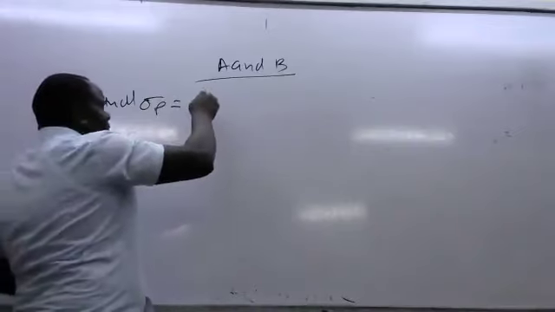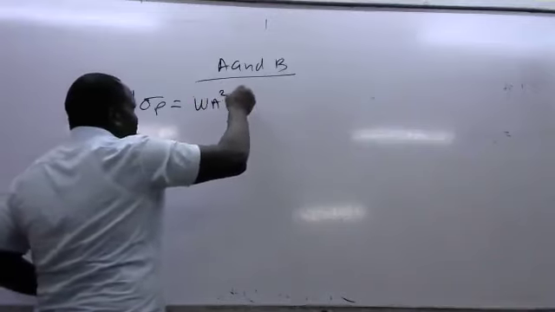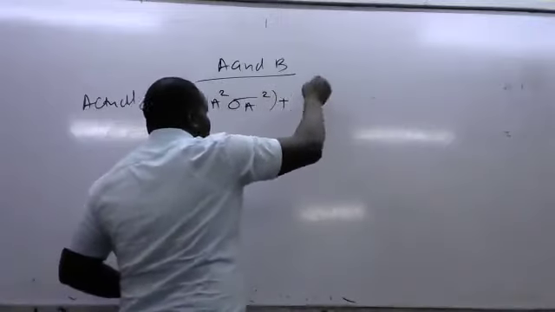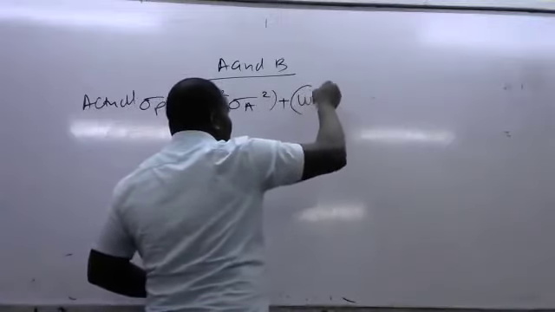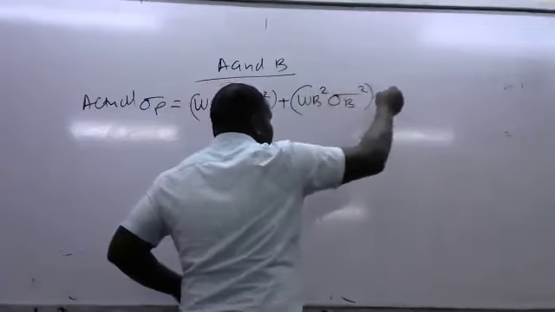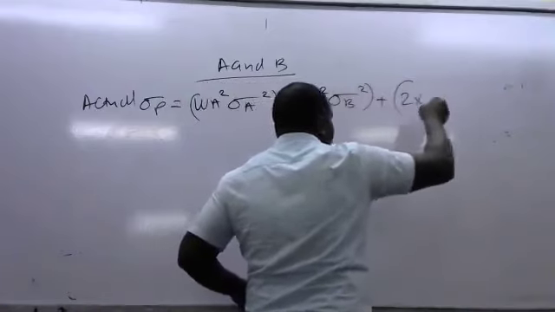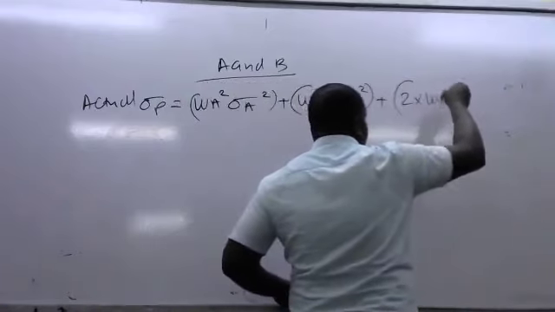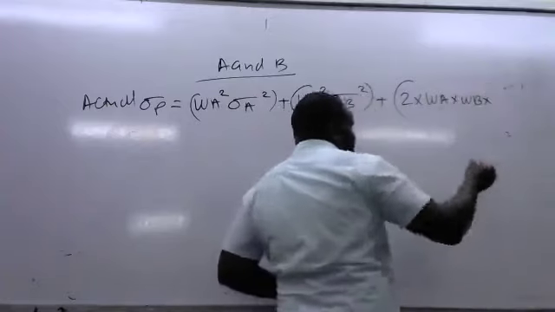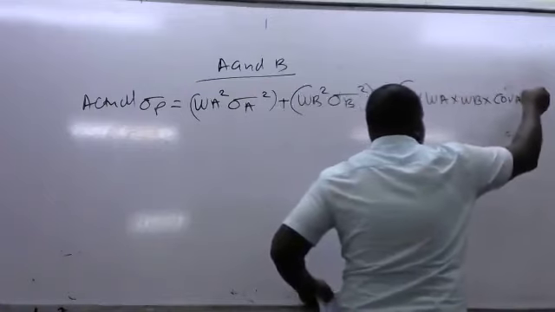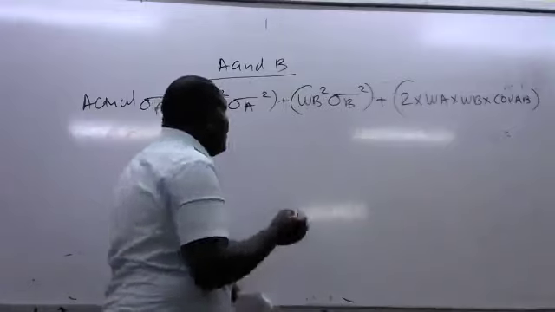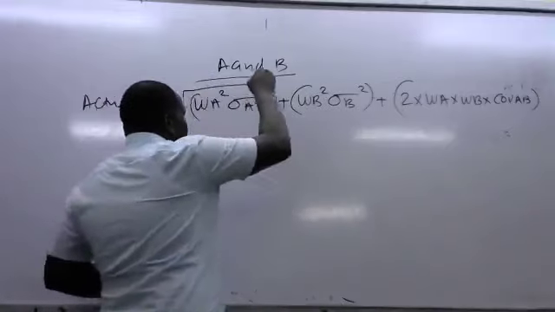So you get the weight of A squared, times the variance of A. We also add the weight of B squared, times the variance of B. Then we add 2 multiplied by the weight of A, the weight of B, then the covariance between A and B. Then you remember it was this one.